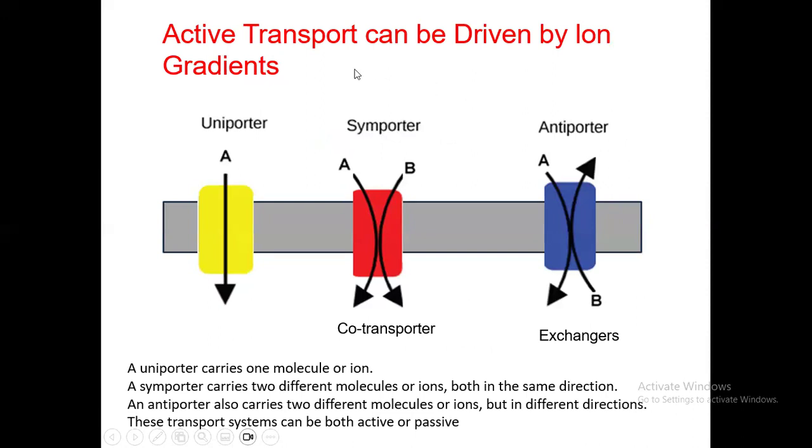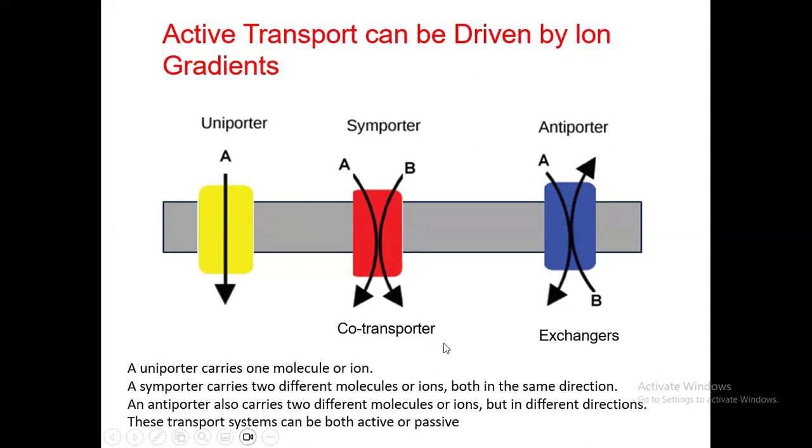So active transport can be driven by ion gradients, and three different types of transporters are recognized. Uniporters are those transporters that carry one molecule or one ion in one particular direction. Then we have symporters that carry two different molecules or ions both in the same direction.